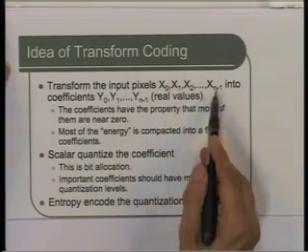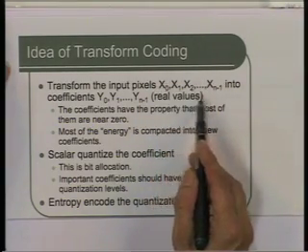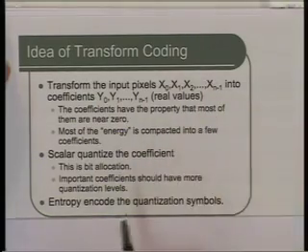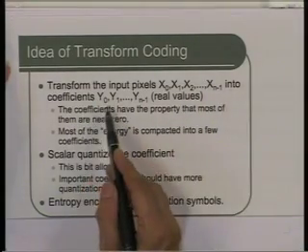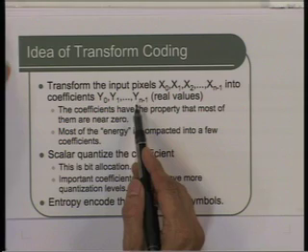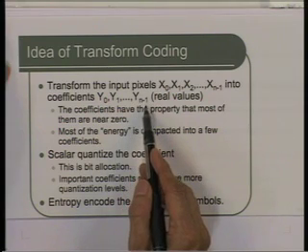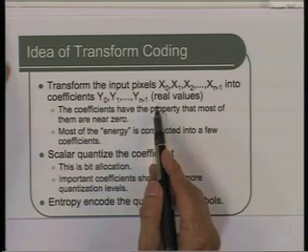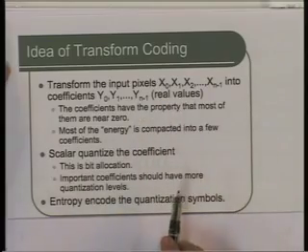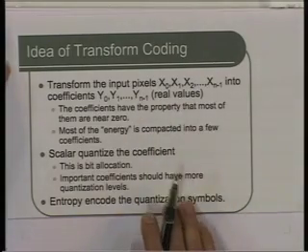This implies that we have made a block of size n into coefficients y0, y1 up to yn minus 1. Without loss of generality, we will assume them to be real values.